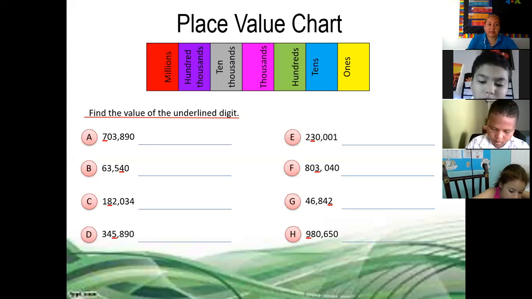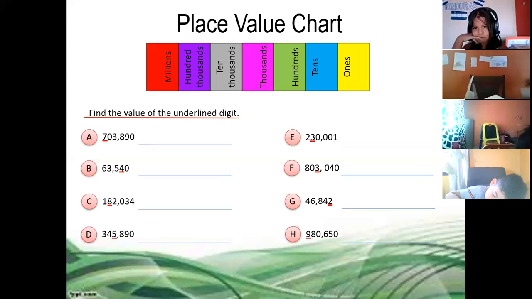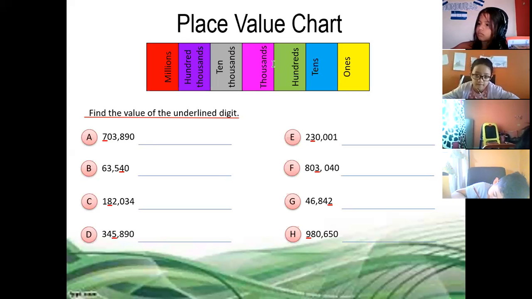So what is the value of the underlined digit? In this case, it is a 7. What is the value? Isa, do you know what is the value of the number 7? Exactly. You only have to count in what position it is. It's in the 6th position. So you count 1, 2, 3, 4, 5, 6.